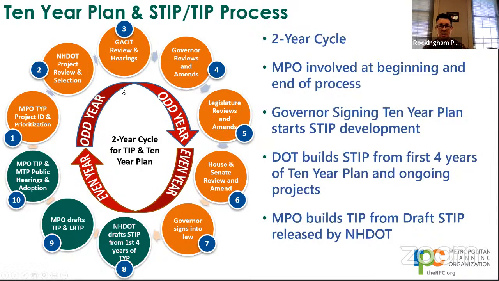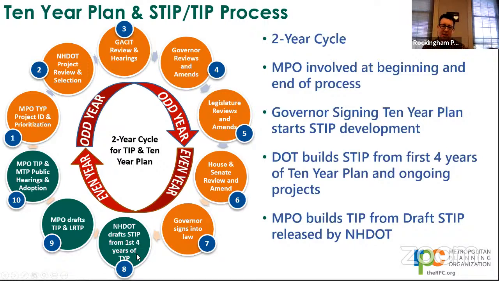Once the GACIT has approved it, it goes to the governor for review and any changes he might make. Then he sends it to the legislature for review, and they make any changes that they feel are necessary. Eventually it gets signed into law by the governor, usually in early to midsummer on even number years.